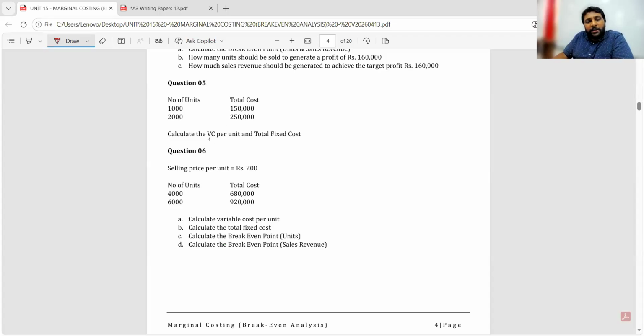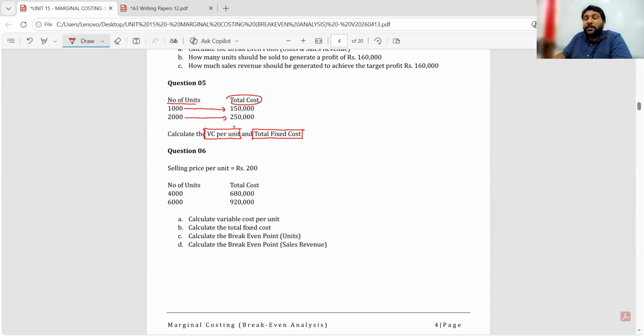Now here I am asking you to calculate the variable cost per unit and the total fixed cost. Here what I have given is the number of units and the total cost only.